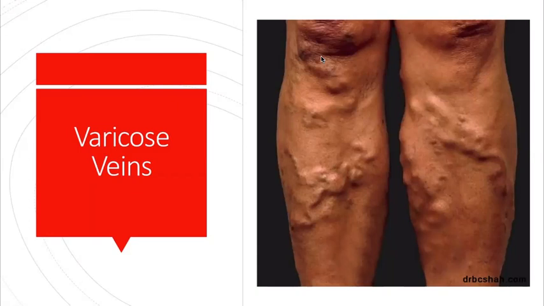And that's why these veins are so big, because the valves are not closing and blood is actually slipping back down. Remember, blood in the superficial veins is supposed to go to the deep veins, and the deep veins go to the heart. So it's actually like this path, guys.